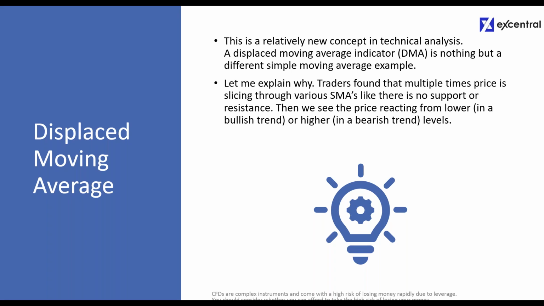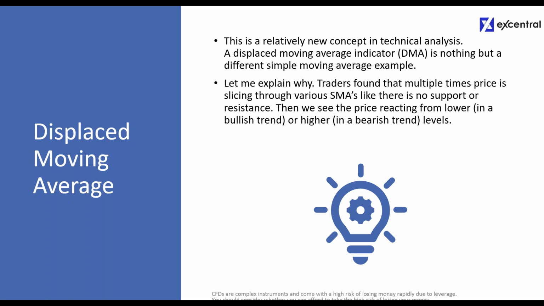The newest kind of moving average, and one that I use a great deal in my trading, is called a displaced moving average, something most people haven't heard about. It uses the calculation for a simple moving average, so it doesn't change your formulas. Now you can use it with an EMA also.